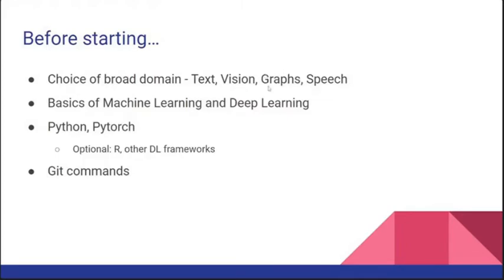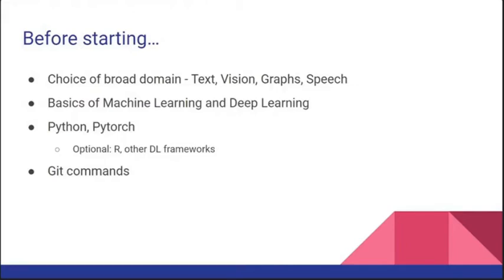Graphs have recently also gained a lot of importance. The good thing now is that for each of these domains, tutorials are very nicely given and they are generally open source. Whenever they hold conferences, one part of the conference is called tutorials, where domain experts give a long talk on a very particular topic, say deep learning with graphs, and they make the slides and the YouTube video available.